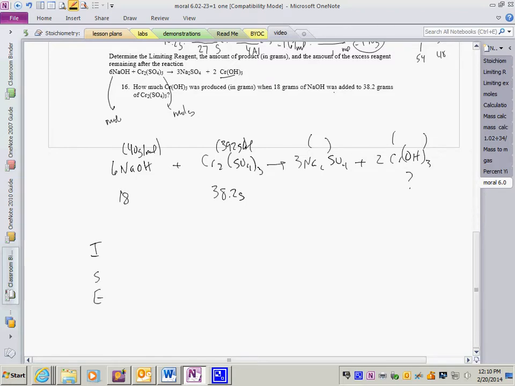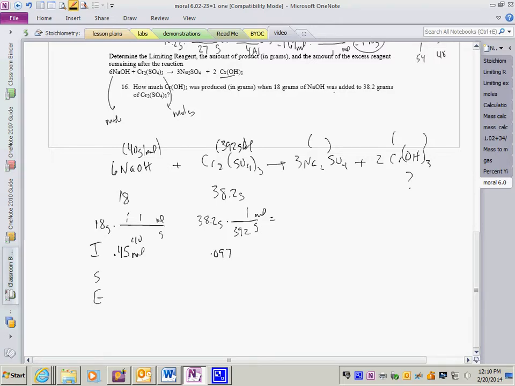I have 18 grams, get rid of the grams, go to moles. 1 mole is 40 grams, so I have less than 1 mole. 18 divided by 40 is 0.45 moles. Here I have 38.2 grams. Grams to moles. 1 mole weighs 392 grams. 38.2 divided by 392 equals 0.097.